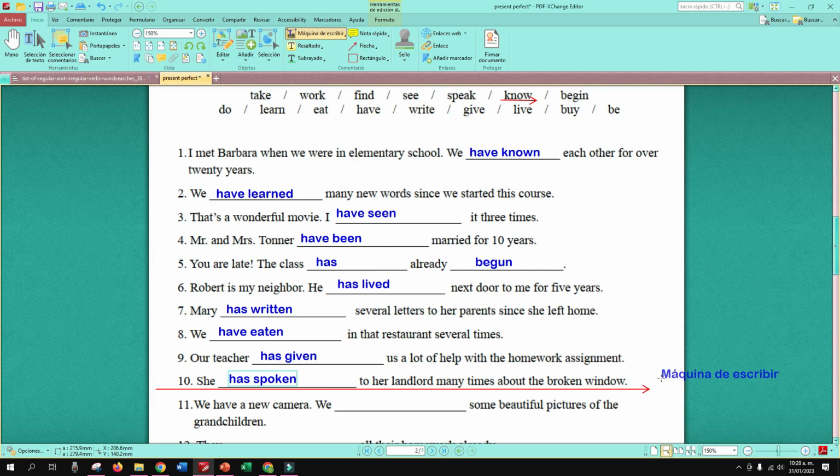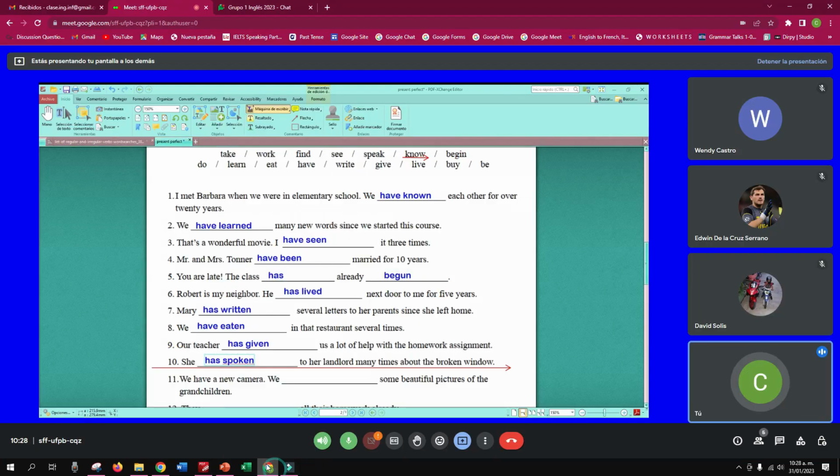So there you have those. I just need you, right, to learn, to study the past participle of the verbs. I will send you the list in Google Sites. So please try to study the past participle of those verbs. Also, don't forget the structures. When are you going to use have, the auxiliary, right? Or has, also the auxiliary.